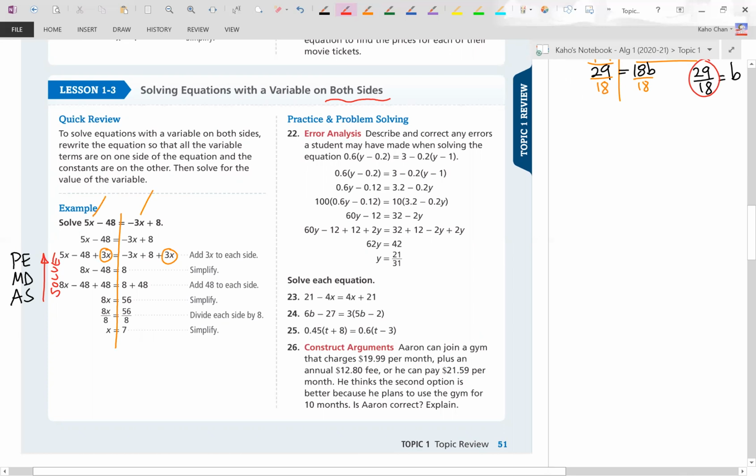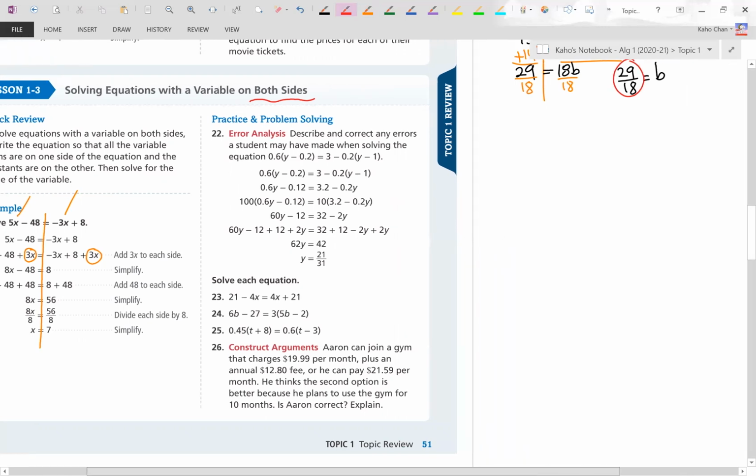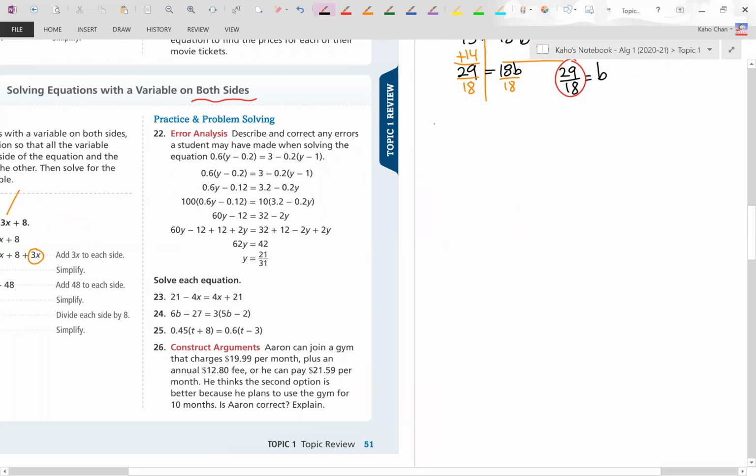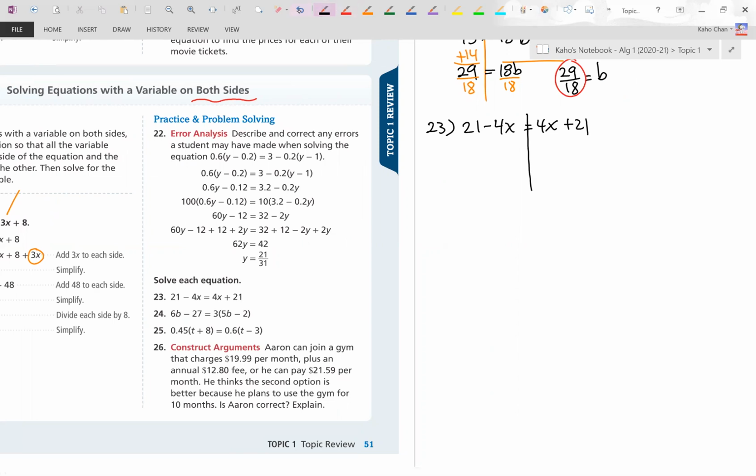All right, let's do number 23. Here we go. Be careful, you might be tempted to cancel the 4x's because I see a negative and a positive, but unfortunately they're on opposite sides of the equation. They don't go away. They don't cancel. They're not zero pairs. They have to be on the same side to be zero pairs.